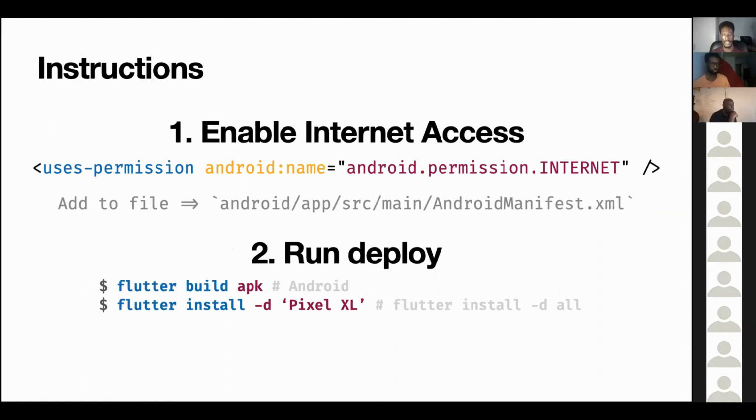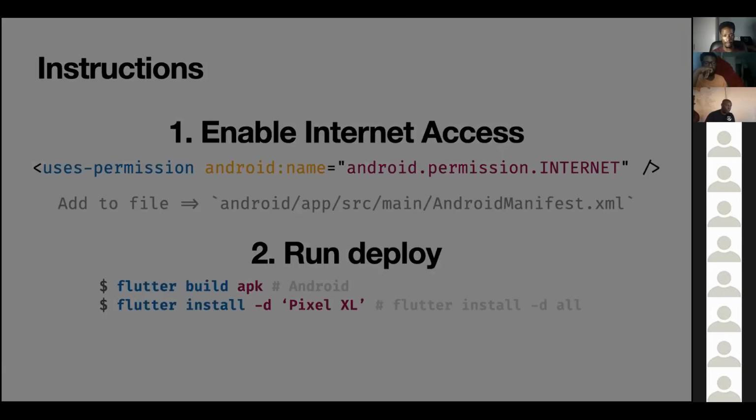So we need to add this line, uses-permission, which is an XML tag in our Android manifest file, which enables internet access from our app, or else when we deploy it, you find that nothing is loading because internet access is disabled by default. So we need to enable that permission. And then secondly, we'll run the deployment step by following these commands. So let's do that right now.